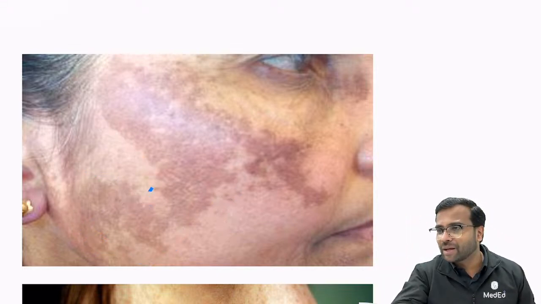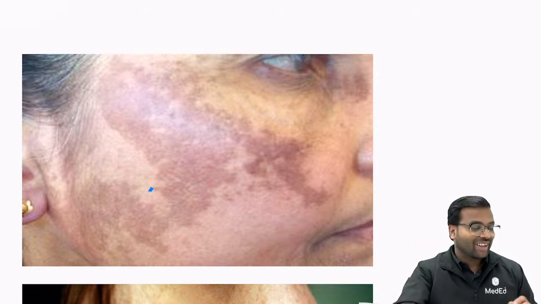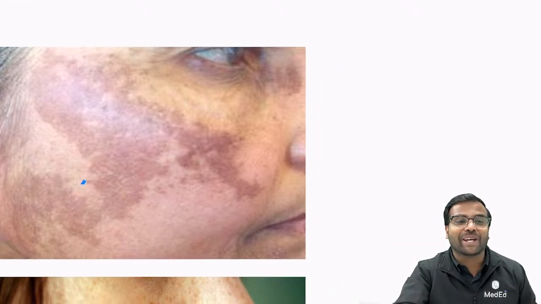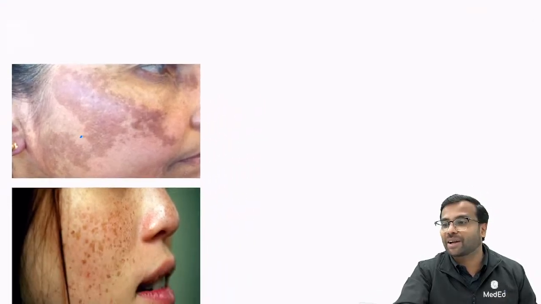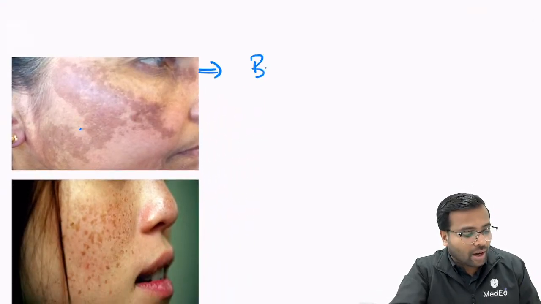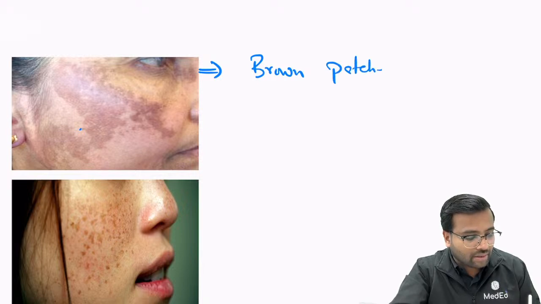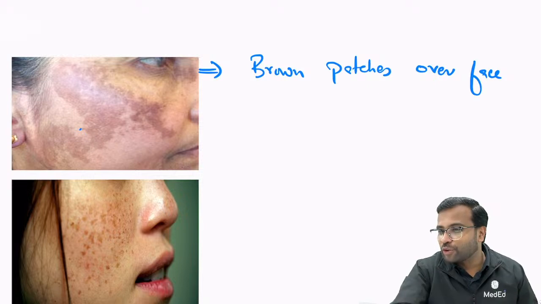Anybody can answer? I'll just give you 5 seconds, not more than 5 seconds now. Okay, what is the answer for this image that you can see on your screen right now? The first image. So whenever you see a brown, ये macule है या patch है? Okay, whenever you find brown patches over the face. Okay, some of you are not confident.